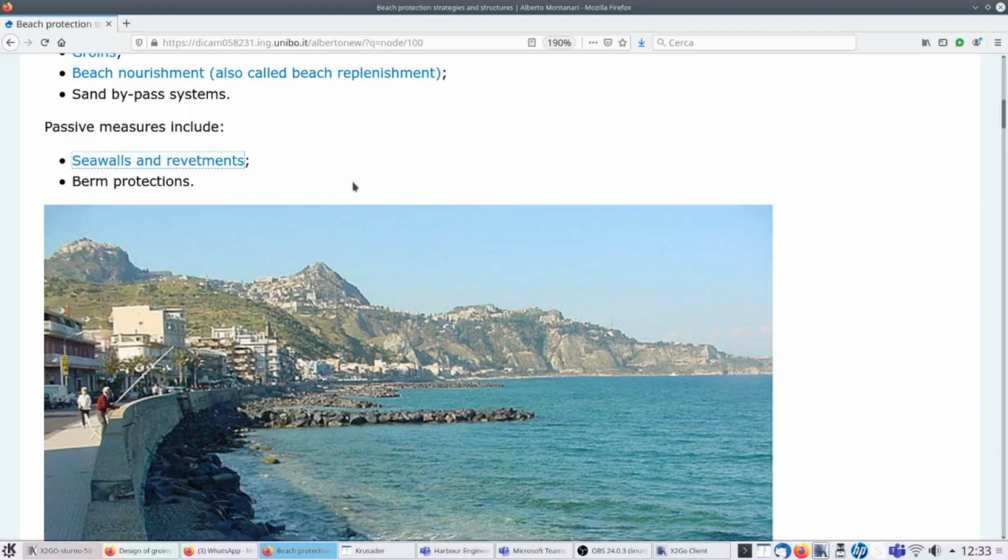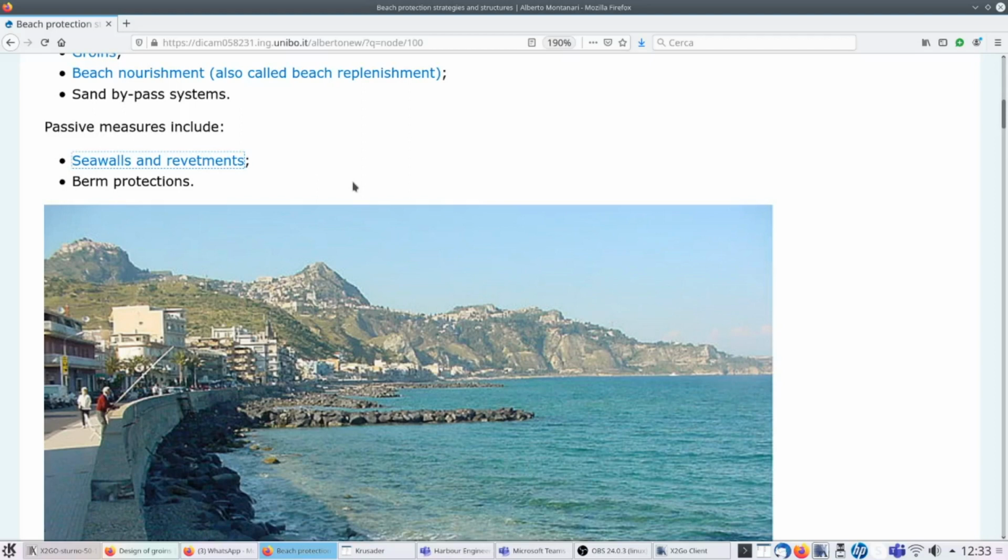The berm is extremely important because it's a barrier against erosion, and we have to avoid that the berm is eroded, because otherwise you have a sudden increase of erosion over the beach, and one way is to protect it.